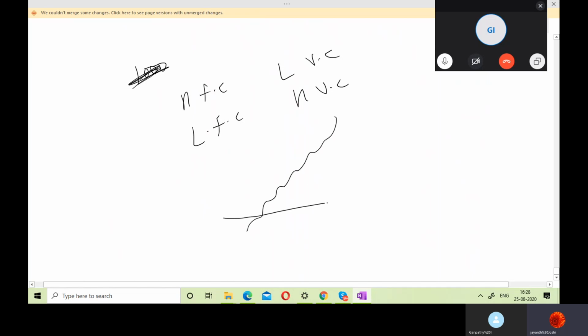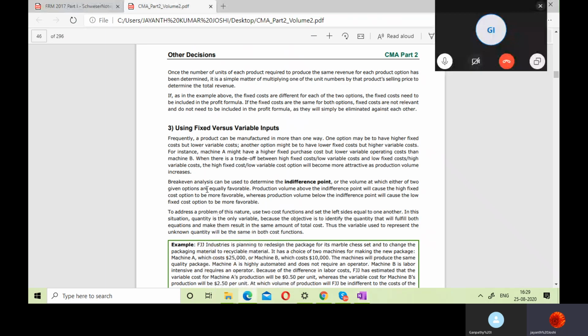Your fixed cost will always be the same, constant, but your variable cost will increase with the increase in number of sales. That means with more production, your variable cost will increase. So they are saying that when the production is high, you go for such a combination whereby your fixed cost is fixed. Lower variable cost is what you require.